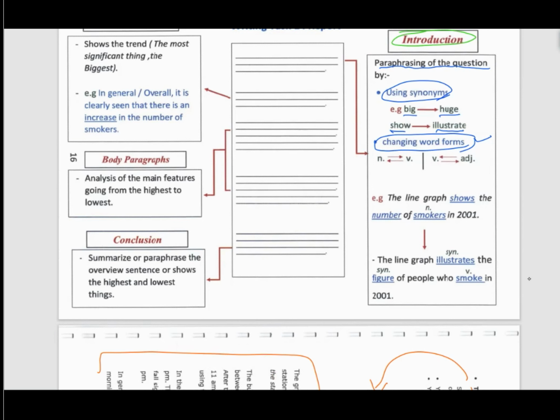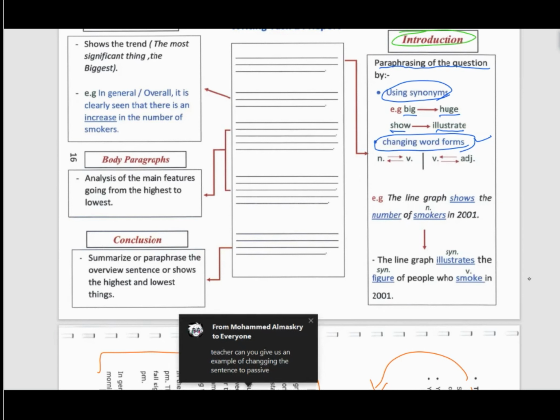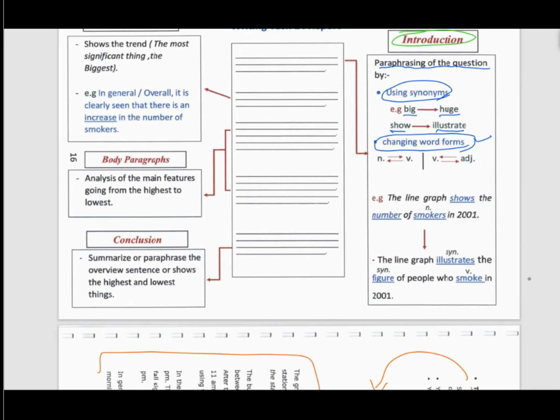But you don't have to. If that confuses some students, just try to use synonyms or synonyms and word form changing. I will give you, inshallah, examples, don't worry. I will train you in how to paraphrase everything. Just we will do it step by step.